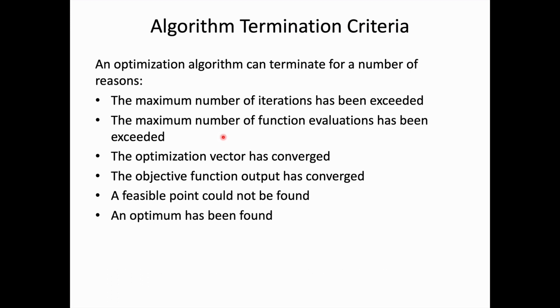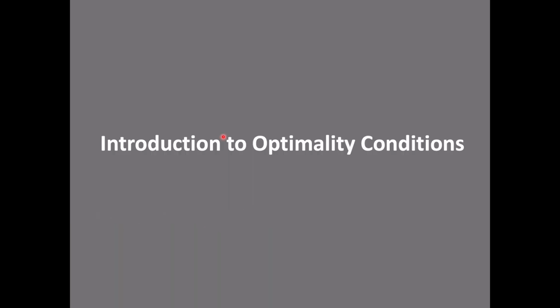But how do we know if we have found an optimum? It depends on the class of problem that we are talking about. Here we're going to go through a quick introduction to optimality conditions, specifically for the class of problems that we are focusing on in this class: smooth, continuous problems where we have smooth, continuous functions and real, continuous variables that are input to these functions.